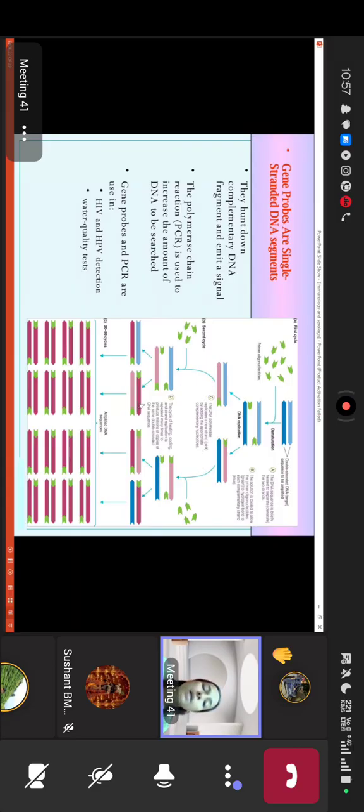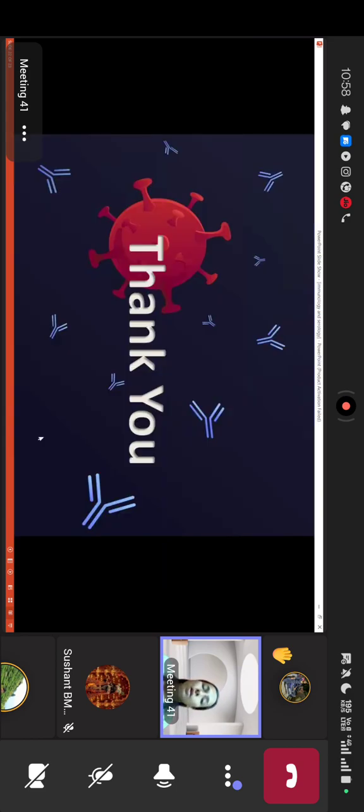And these cycles continue and produce many segments. After the first cycle, we get 4 DNA fragments, and after 20 to 30 cycles, this is how much amplified DNA sequence we have, right?